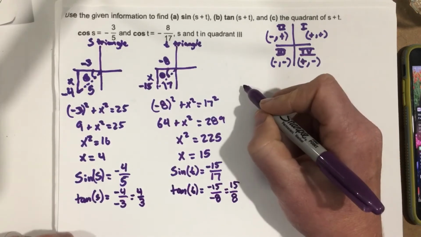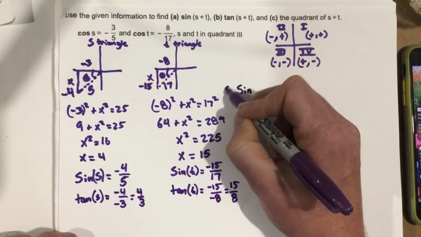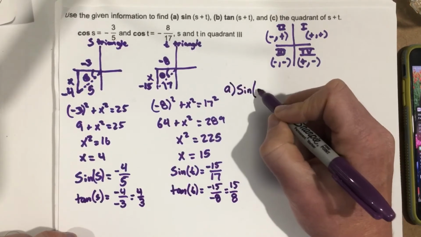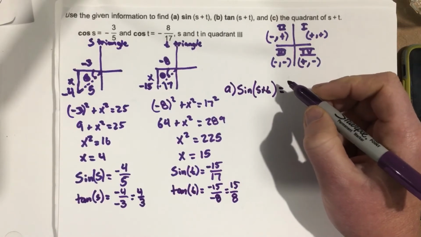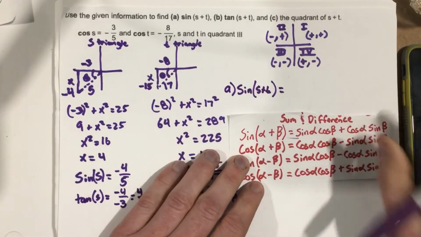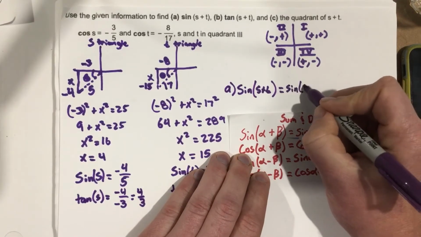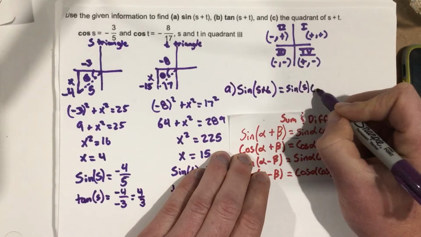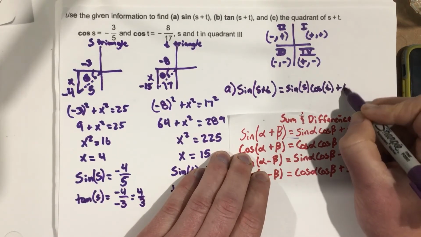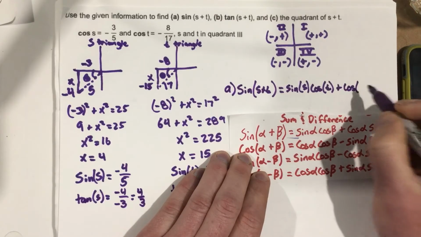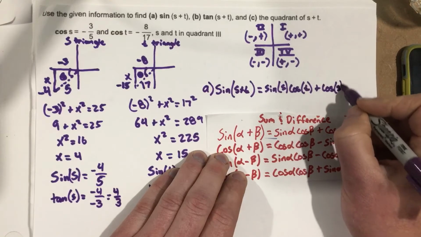We can say, so this is part A, sine of s plus t is equal to, bring back our formula, sine s cosine t plus cosine s sine t.